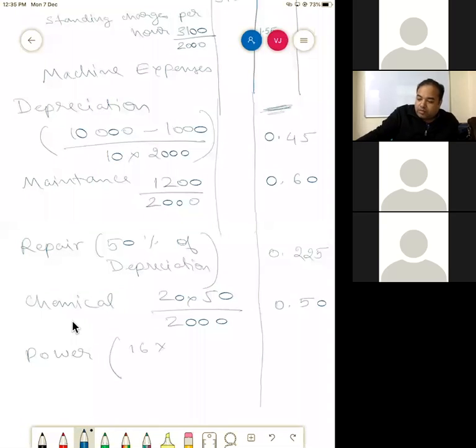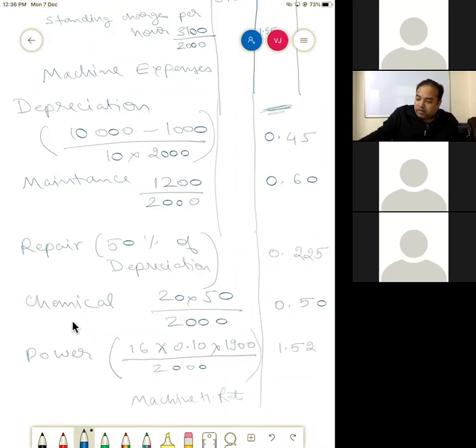You have to compute it per hour total cost on the machine. 16 into 0.10 into 1900 divided by 2000, and you get 1.52.